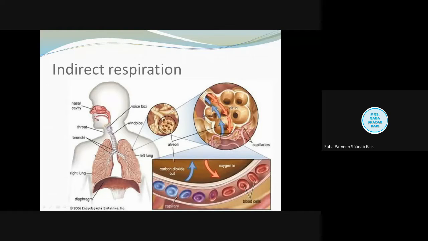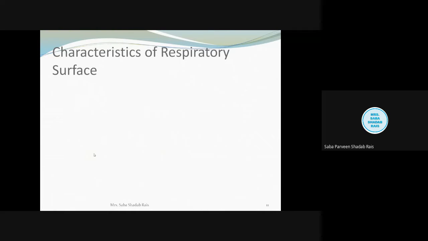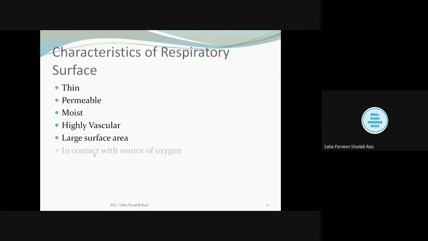So if important gaseous exchange is occurring, it should be in direct contact with the source of oxygen. In the case of fish also, you will observe that they don't have lungs like us, they have gills. These gills are in direct contact with the water, because the fish use the dissolved oxygen.